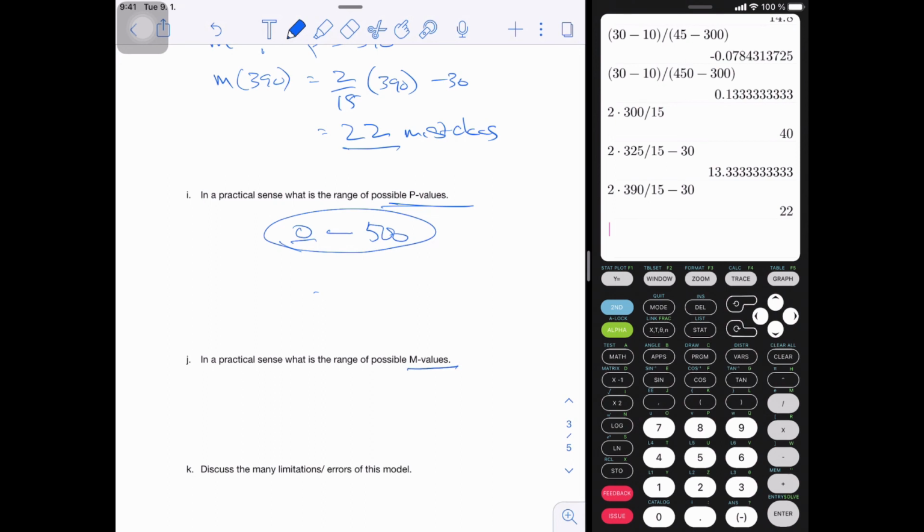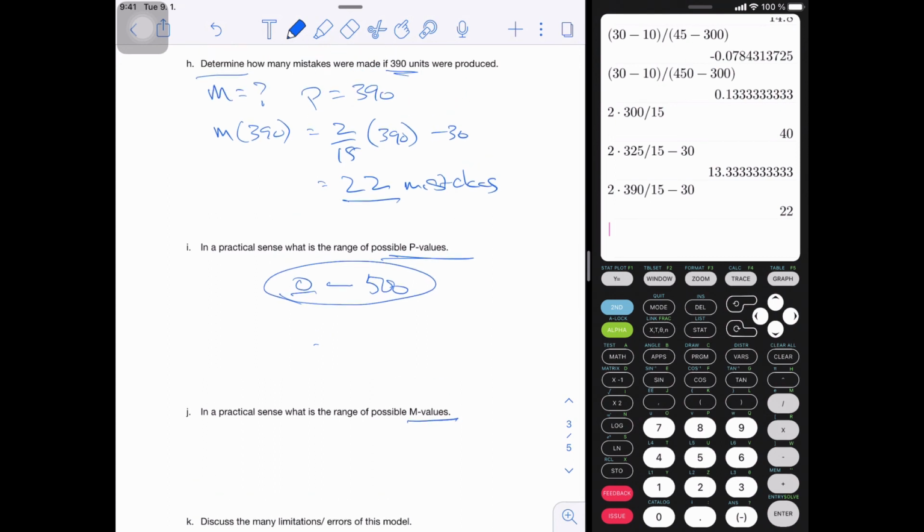Well, I can just use my equation that I have, which is m of p equals 2/15 p minus 30, and use these values to plug into p to see the range that I could have. If I plug 0 in, I get negative 30. Well, that's not possible. So I would say for 0, I have to have positive mistakes.